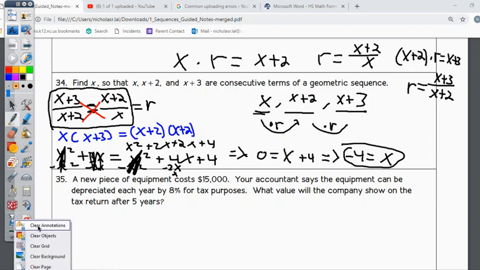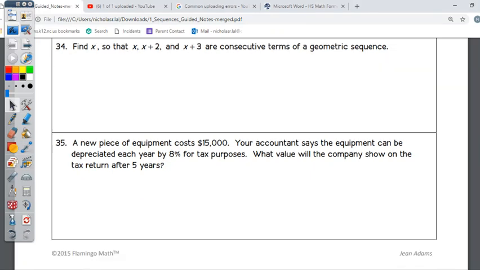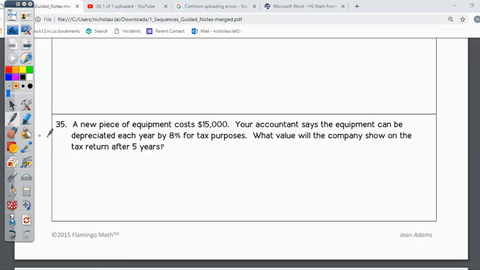Clearing annotations. Number 35. A new piece of equipment costs $15,000. Your accountant says the equipment can be depreciated each year by 8% for tax purposes.